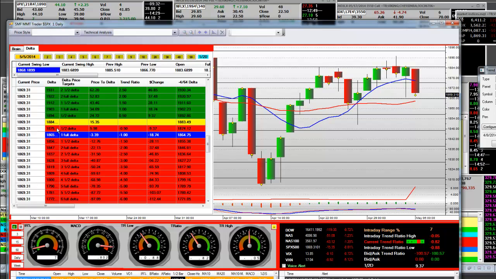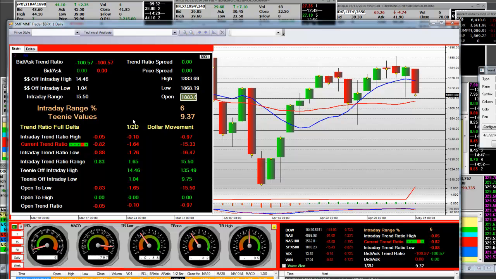Right now, we are below the half a delta, which is what? 1875. And we currently made that low of 1868 in our platform. And remember, math does not lie. And we'll be doing a lot more work around the S&P.